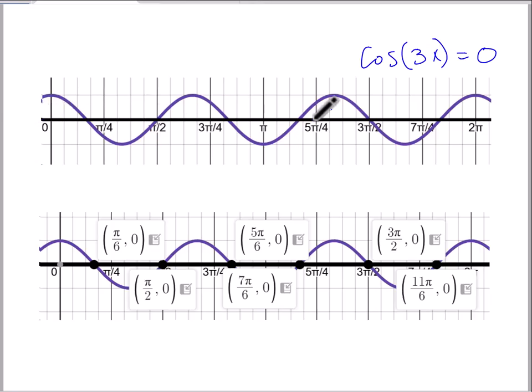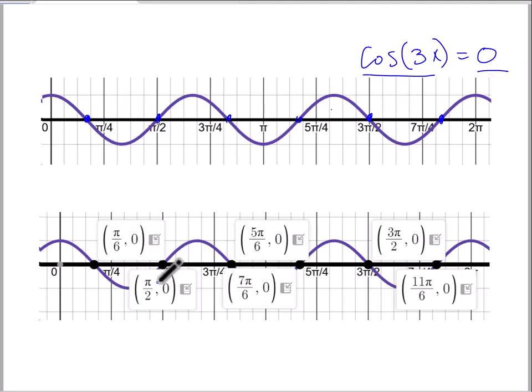So I graphed y equals 0, and I graphed cosine of 3x, and hopefully you can see that this is crossing that 0 line 6 times. And so every time we're solving equations, we're really just looking to see where this graph is intersecting with this graph. And so there's 6 locations that that's happening.